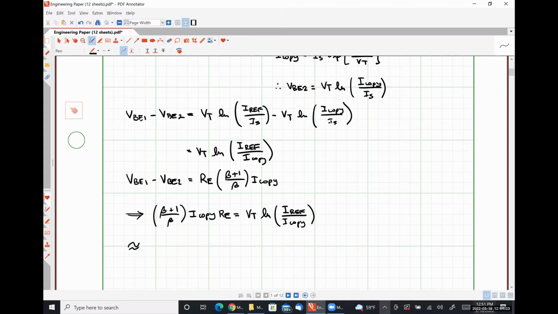Or since beta plus 1 over beta should be very close to 1 because of the assumption that we made earlier, I copy times RE is approximately VT times the natural log of IREF over I copy.